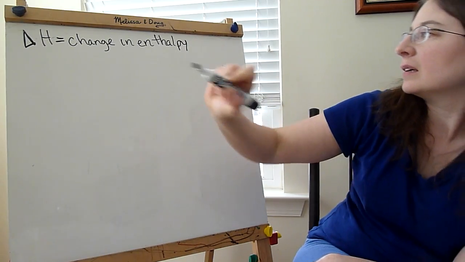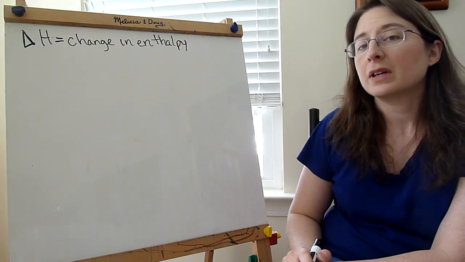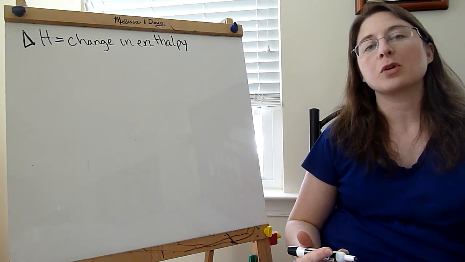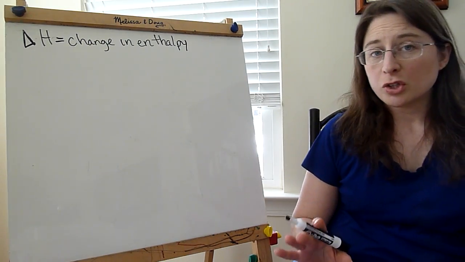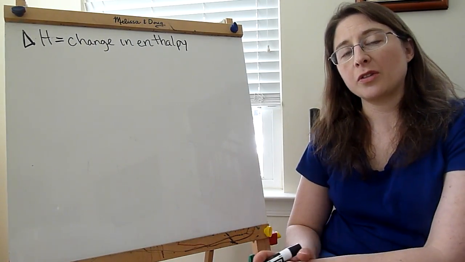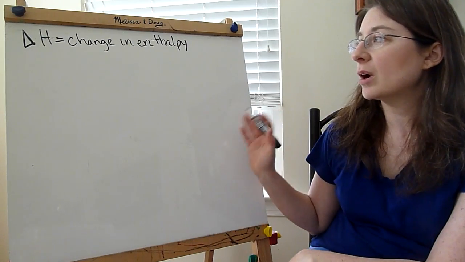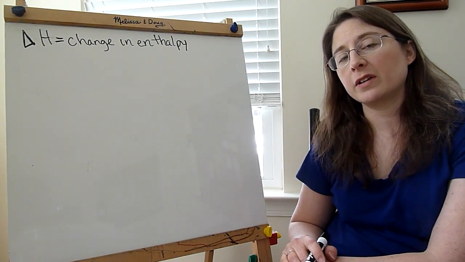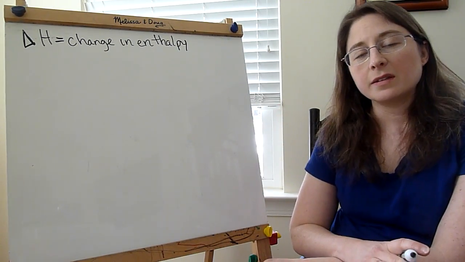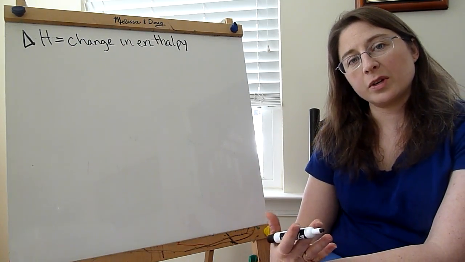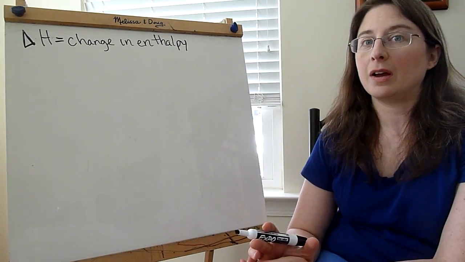Remember that enthalpy is energy stored in chemical bonds. There are two ways to calculate the change in enthalpy for a reaction. One is by using bond energies. This is the least accurate way to do it, although there's not a giant difference.